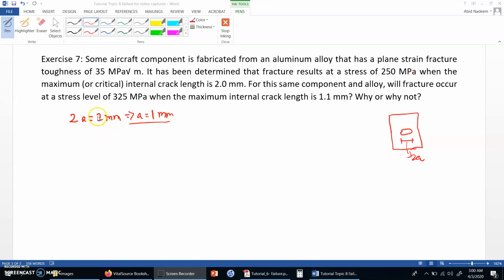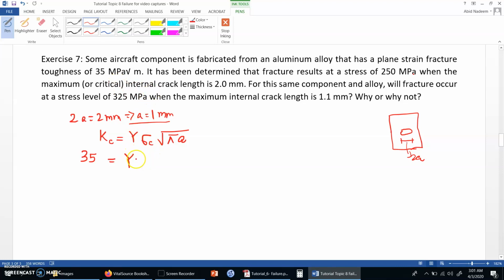So now we have this equation, Kc is equal to Y sigma c under root pi a. In this case, Kc is the fracture toughness value, 35 megapascal, and Y is not given in this case. We cannot assume simply Y is equal to 1.